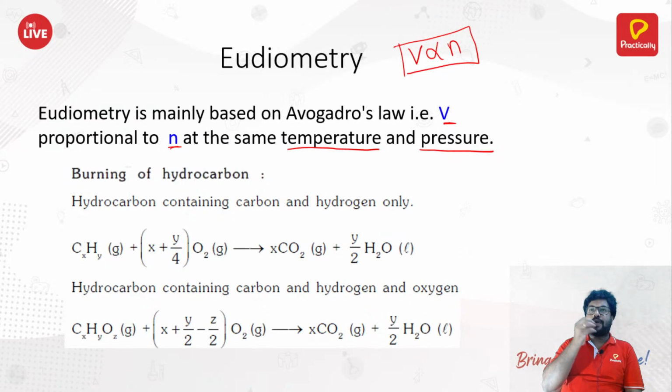So you know that 22.4 liters means you have 1 mole of that gas, right? And suddenly suppose the temperature drops. If the temperature drops, that volume will also drop. Suppose it drops from 22.4 to 11.2.